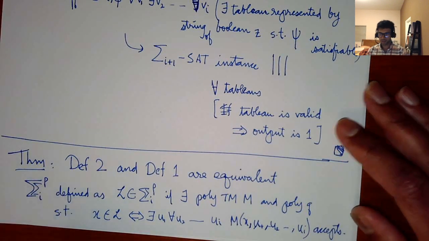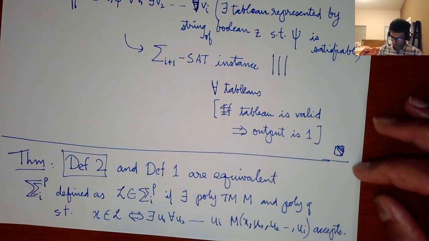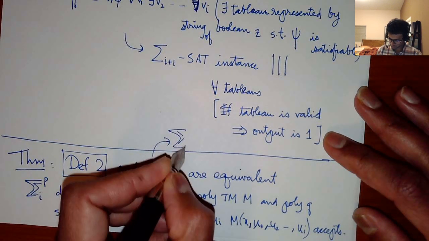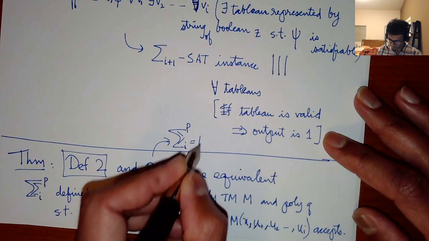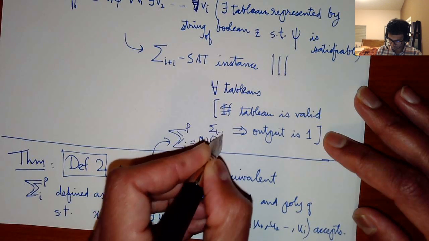This was the first definition. This was actually definition 2. And definition 1 is simply that sigma I p is NP to the sigma I minus 1.